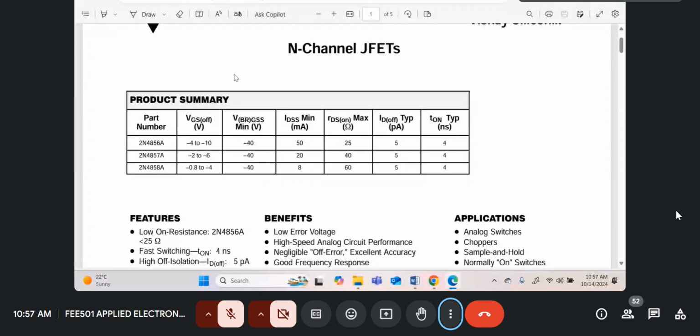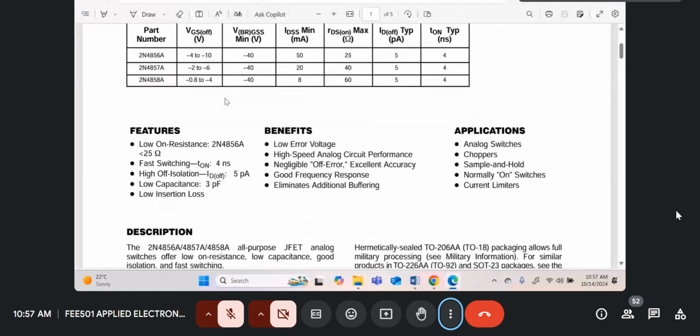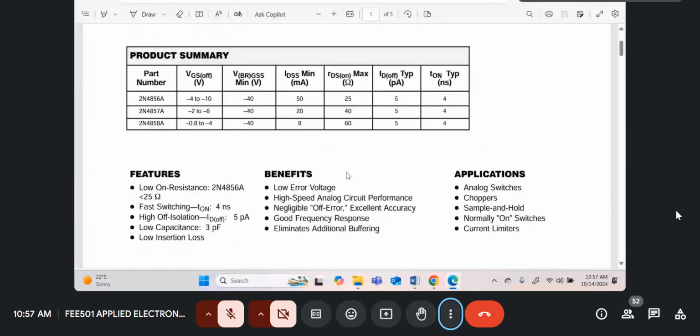So this is a transistor I've always been looking for. It's called the 2N4856A, and it's designed for chopper amplifiers. As you can see, it's designed for both analog switches, sample and hold circuits, and also chopper amplifiers. And they give you RDS on of 25 ohms.